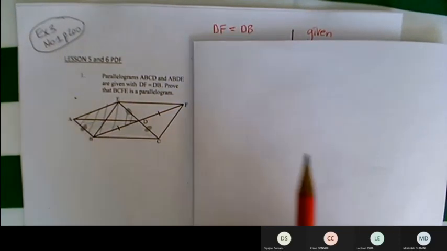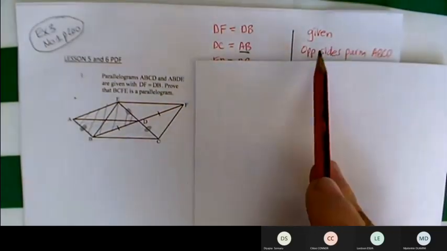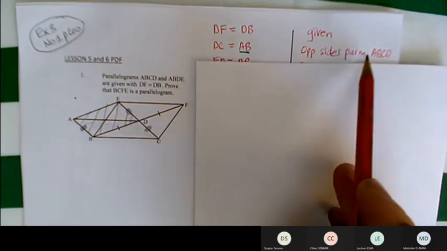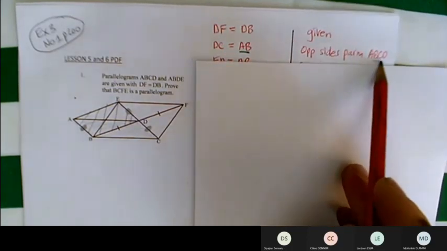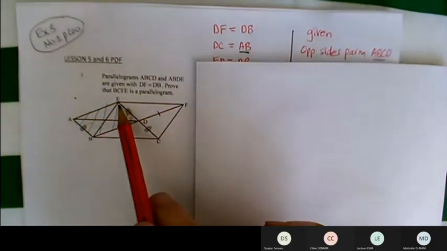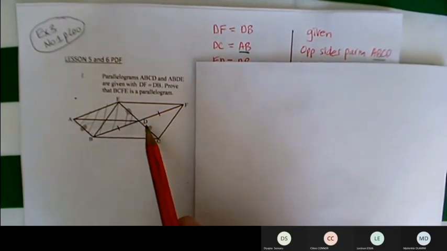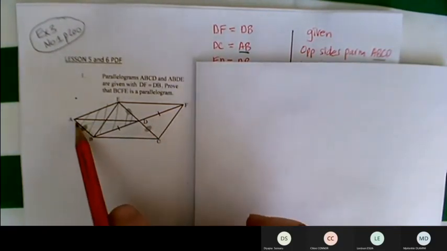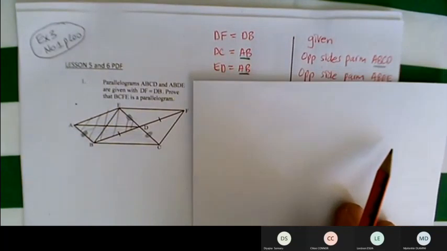DC is equal to AB, opposite sides of a parallelogram. So we're just writing in the parallelogram there, ABCD, so we know which parallelogram we're referring to, okay? Then we're going to say ED is equal to AB, opposite sides of a parallelogram.